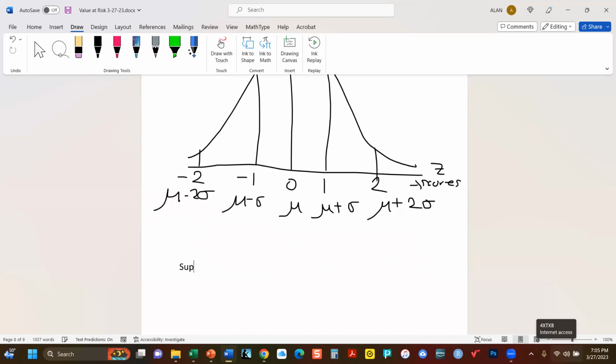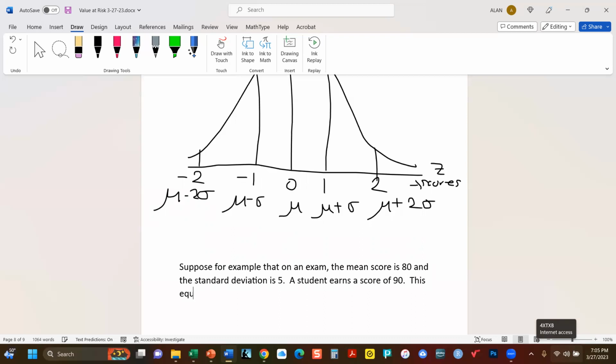suppose, for example, that on an exam, the mean score is 80 and the standard deviation is 5. A student earns a score of 90.